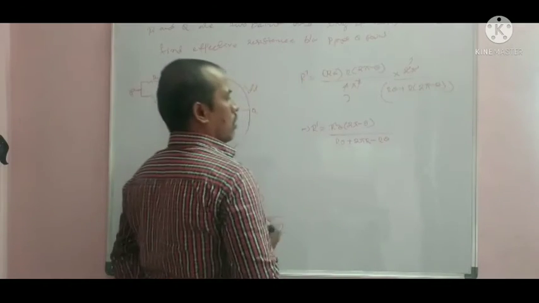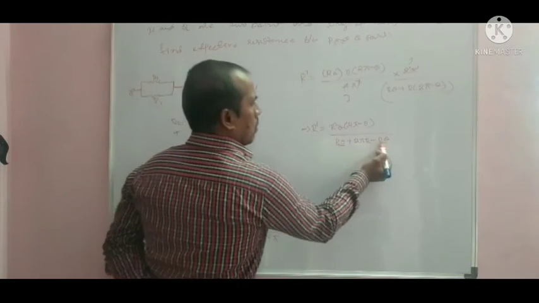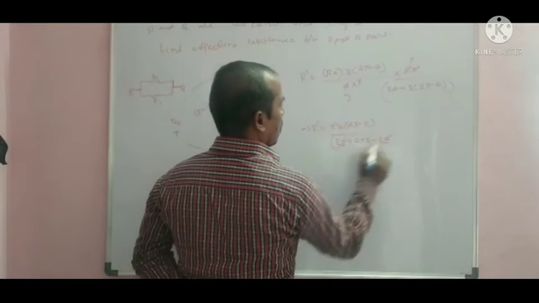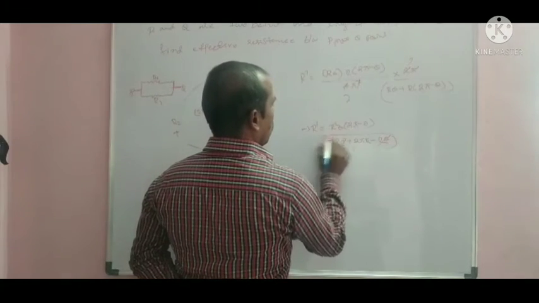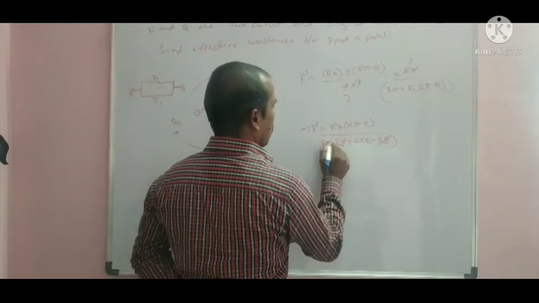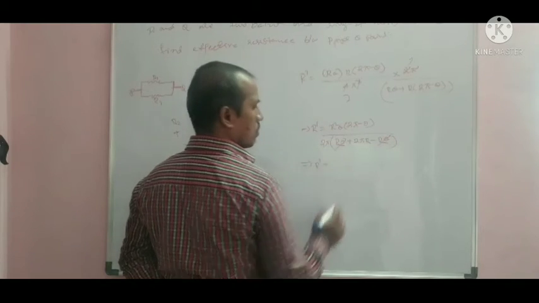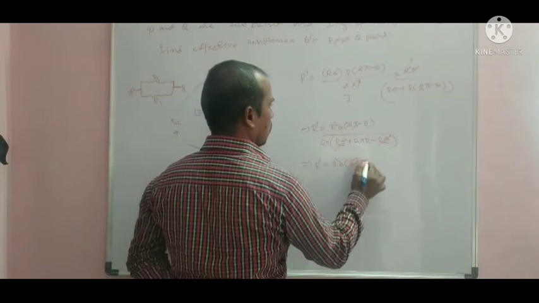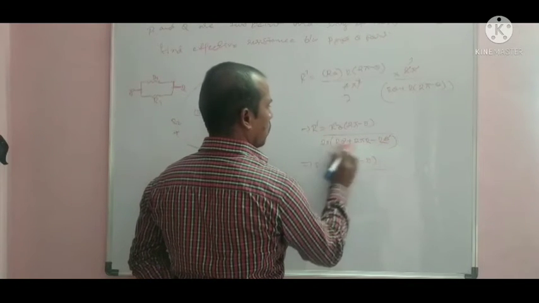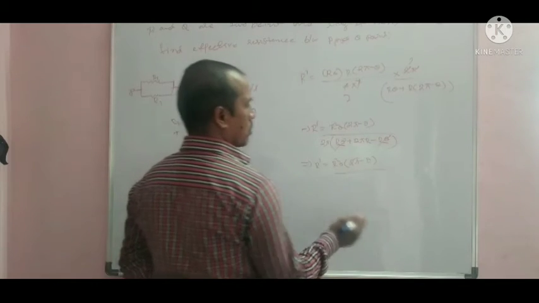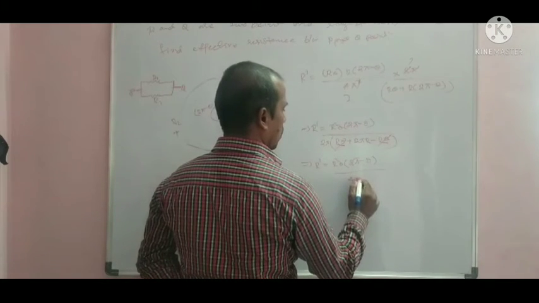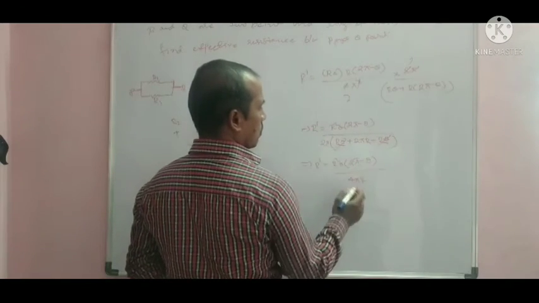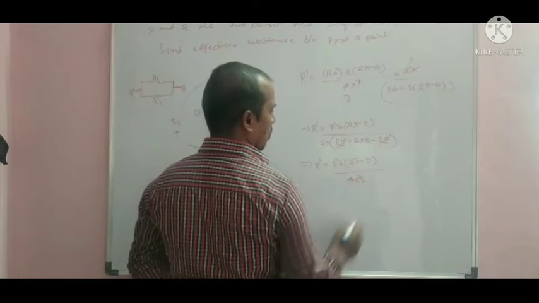Here this is a positive value, this is a negative value, so this term cancels, remaining 2 pi r. Simplifies: r prime is equal to r square theta into 2 pi minus theta by 2 pi into 2 pi r, 4 pi square r. So only one r remains.